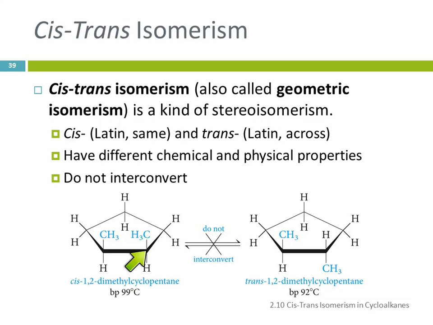So they're 1,2-dimethylcyclopentane. But there's 2 possibilities for 1,2-dimethylcyclopentane. You can have these be on the same side of the ring. This is cis, and that one is trans because they're on the opposite. And they do not interconvert. Any questions?